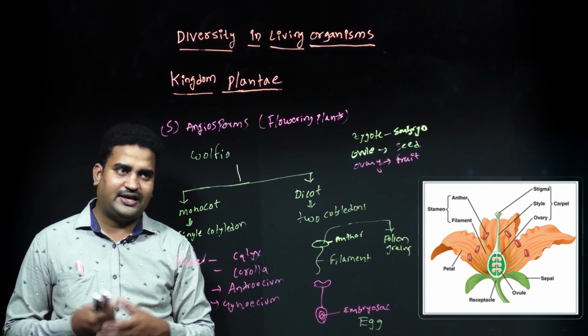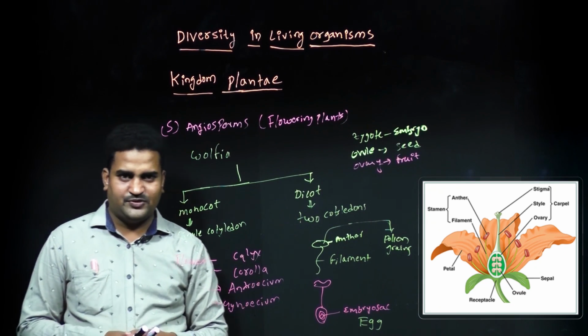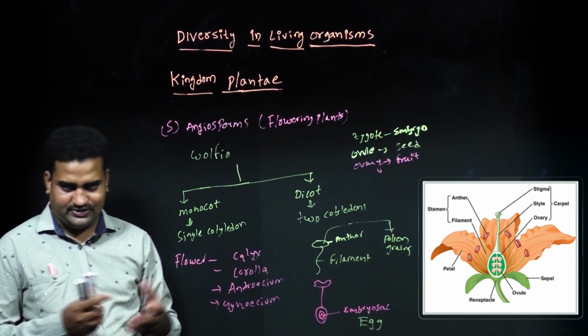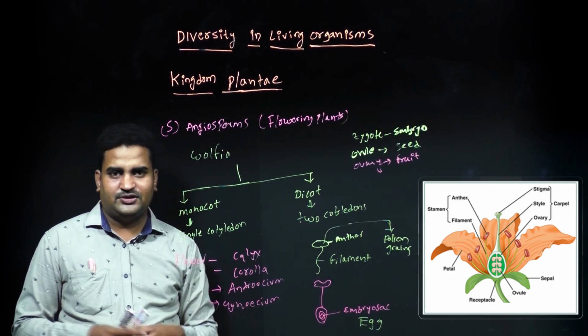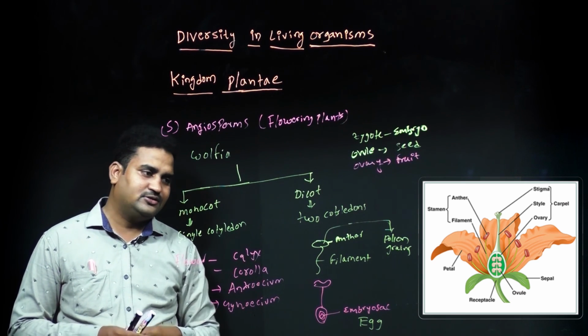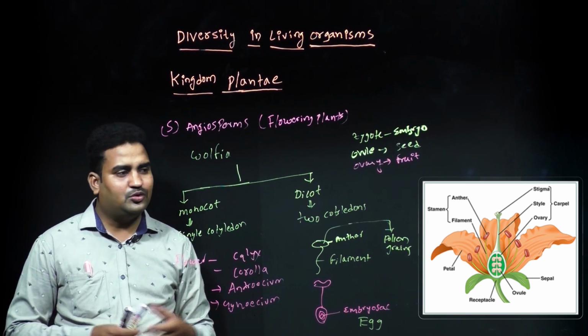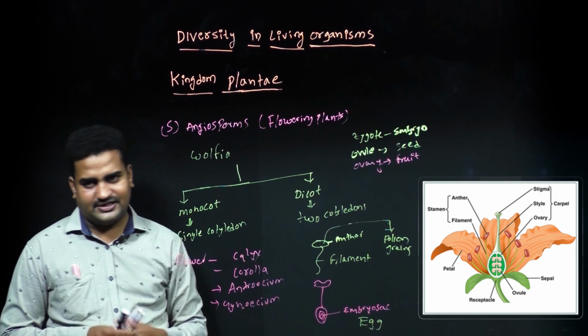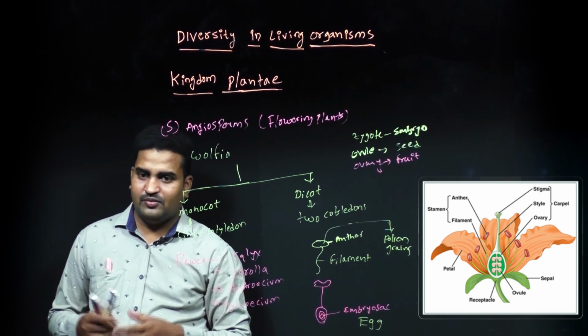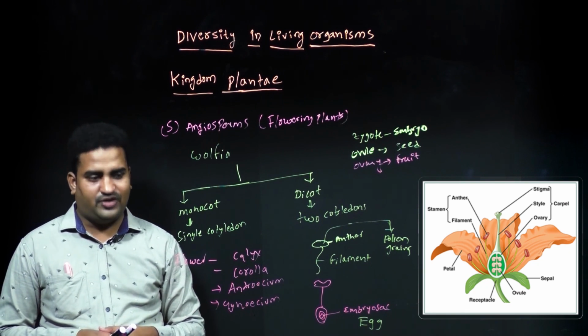One of the smallest angiosperms is Wolffia. Generally angiosperms are also differentiated into two kinds. One is monocot, they bear a single cotyledon in their seeds, and another one is dicot, they bear two cotyledons in their seeds. Generally they reproduce by a special structure called flower.